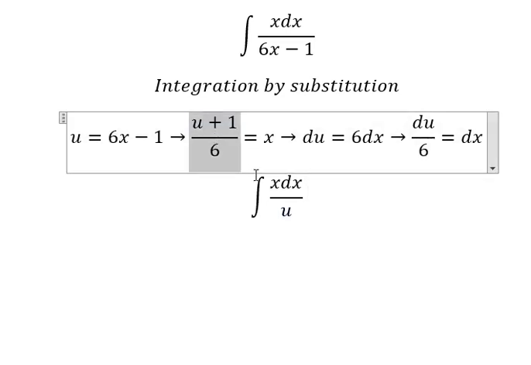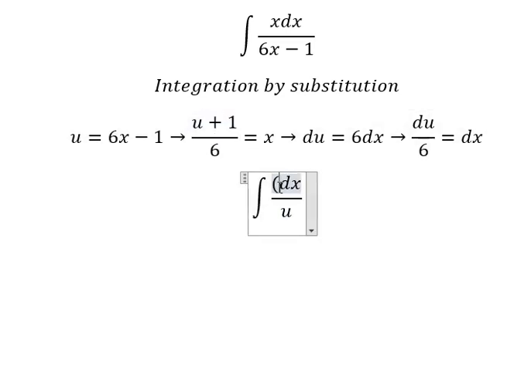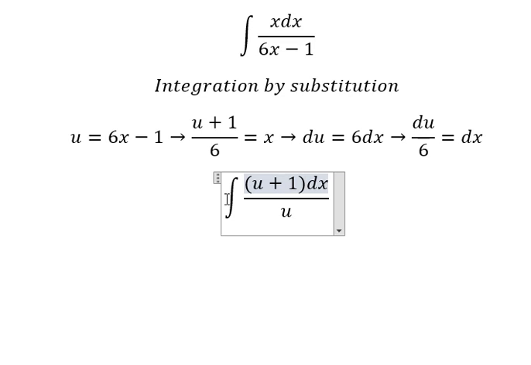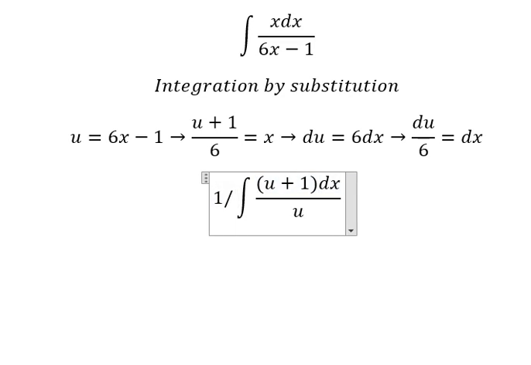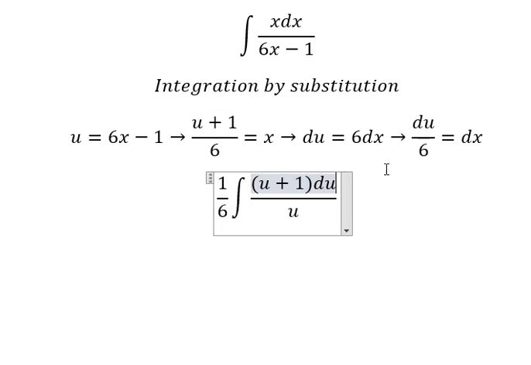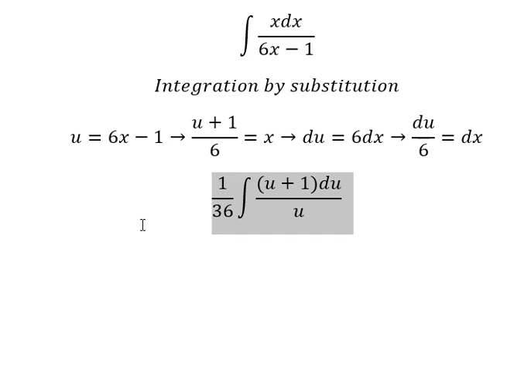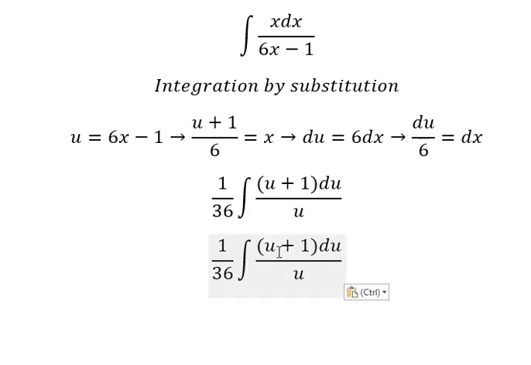The x we change for this one. So 6 and 6 we have 36. So u divided by u, we have 1.